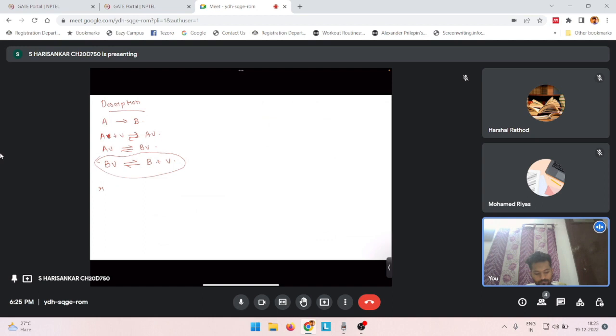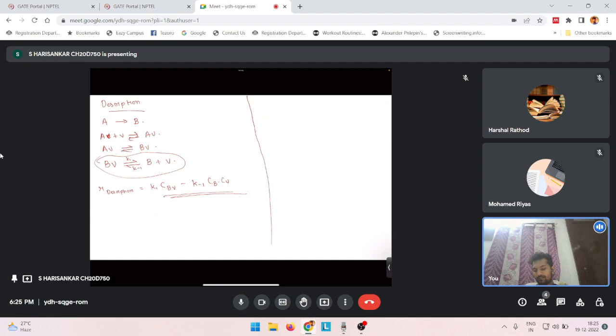You can write the rate of desorption as, let's say this is k1 and reversible is k minus 1, k1 C_BV minus k minus 1 C_B into C_V. So this is pretty much the set of equations that you need to conjure up when you are trying to solve a catalysis reaction.